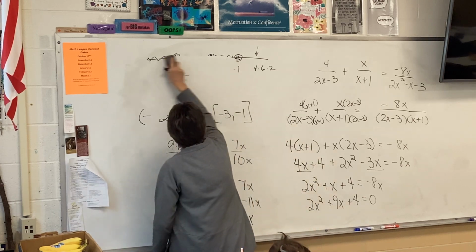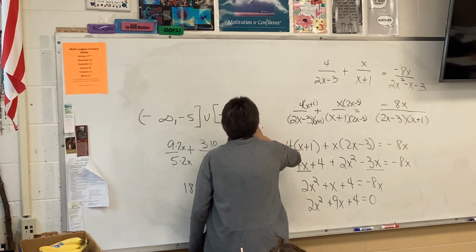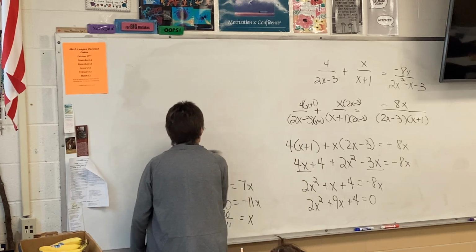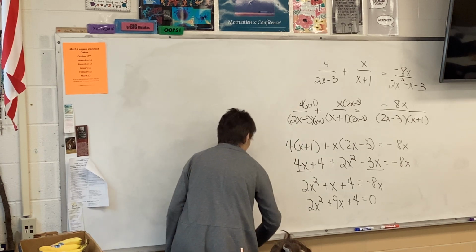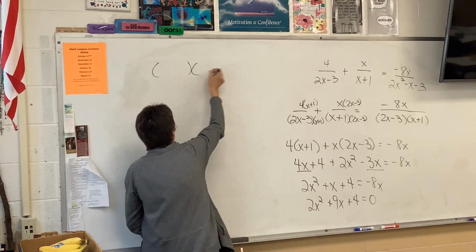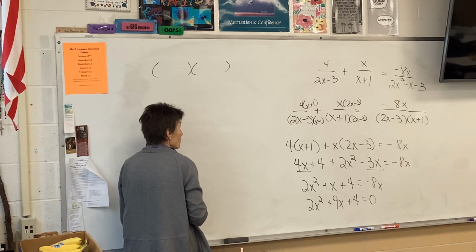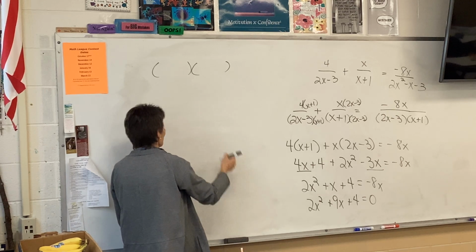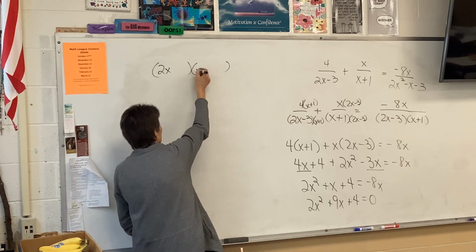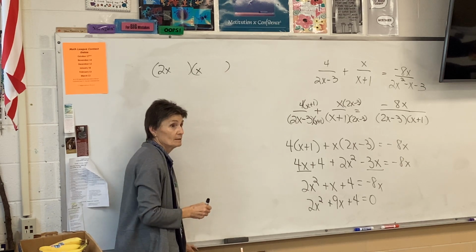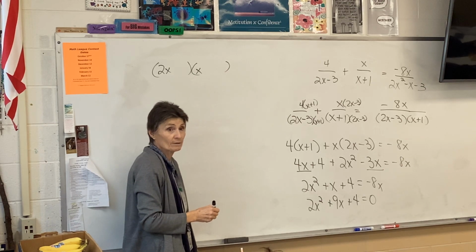Anybody know how it factors? 2x plus 1, x plus 4. Very good, Jared. I don't know what went through Jared's mind, but I'm sure part of what went through his mind was, I've got a 2x squared, therefore I have to have a 2x and a 1x. That's how you get 2x squared.